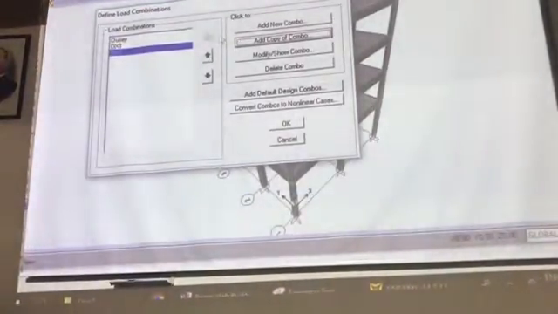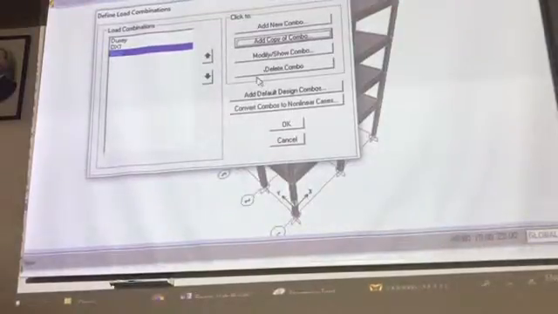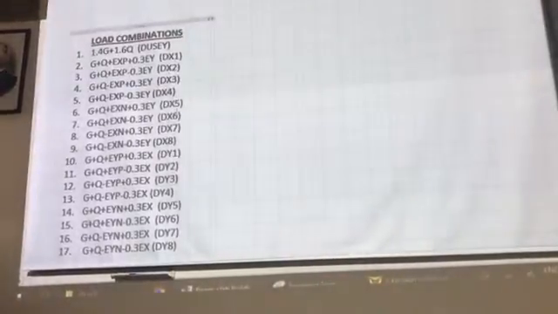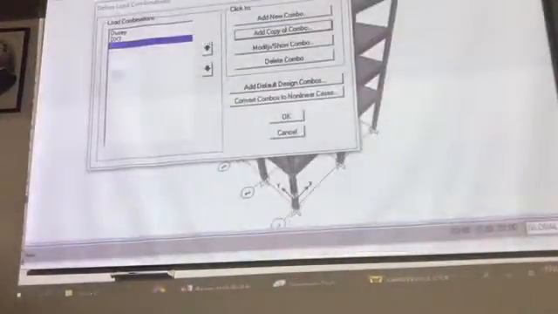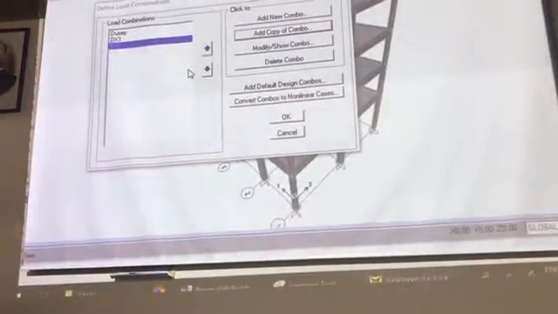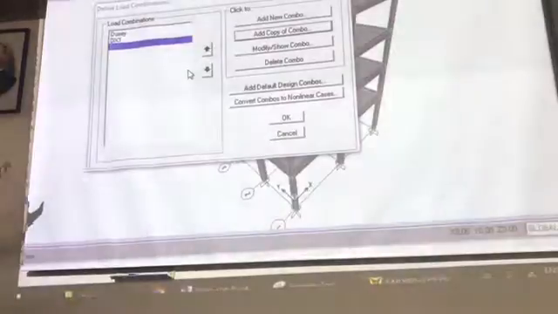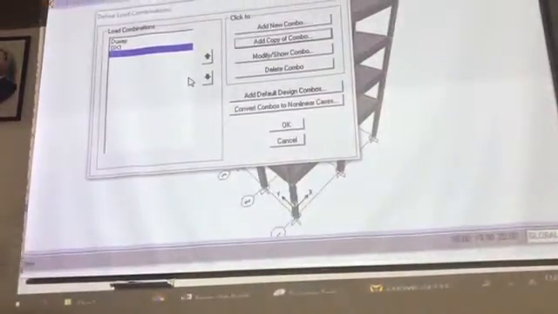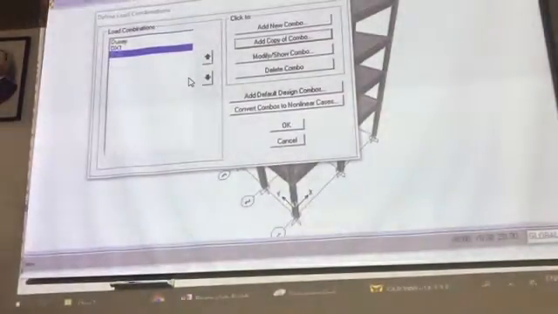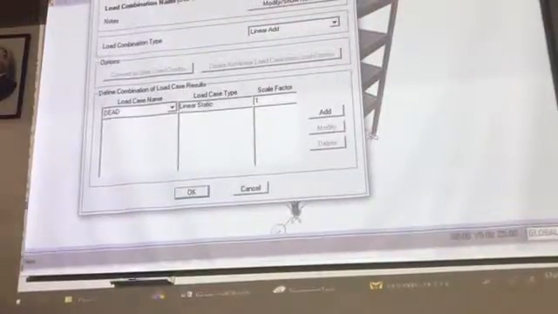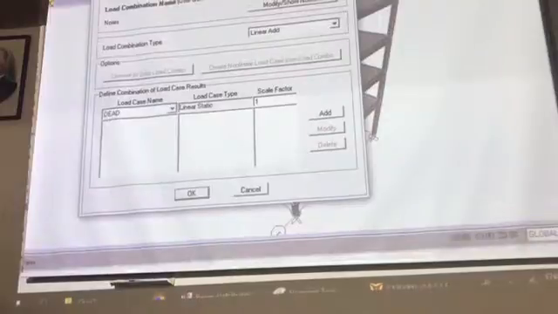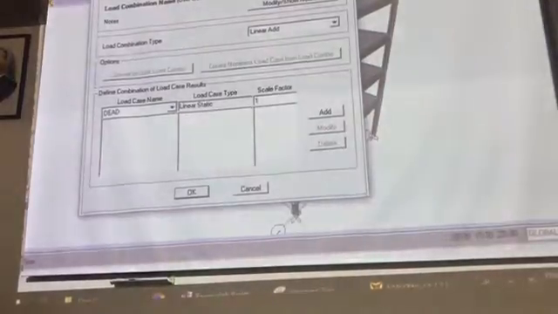Now this is another combo. We are going to define all combinations here. And how many combinations do we have here? I think 8, 16, 17 combinations. After defining all 17 combinations, we will have another combination, the envelope combination. The envelope combination will give you the maximum of all these combinations. Add new combo, envelope, or in Turkish zarf, let's write zarf.